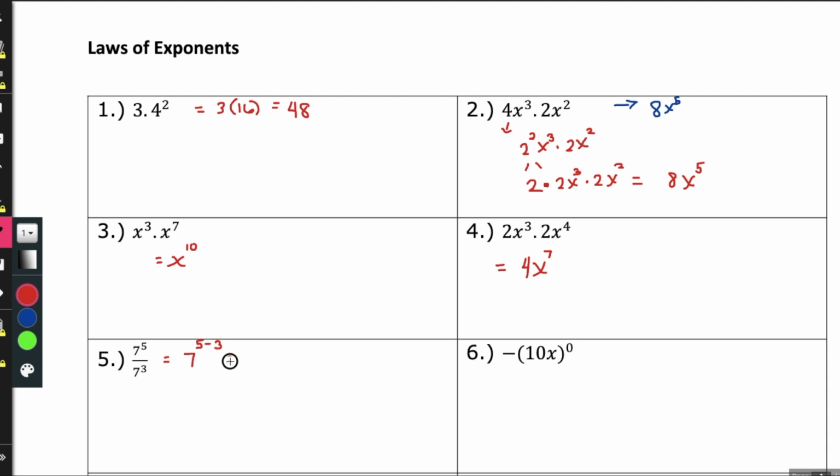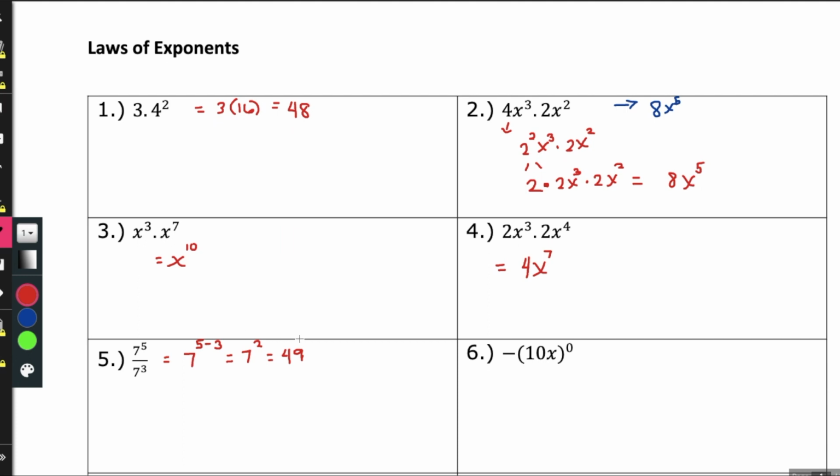So you will get 7 raised to 2, which is equals to 49. This is way much easier instead of you trying to calculate the big numbers, because you can actually do that. If you prefer to do that, you can, but it's much easier for you to follow the exponential laws and simplify the item for you to derive the answer.